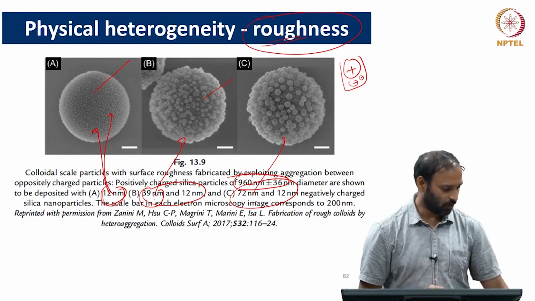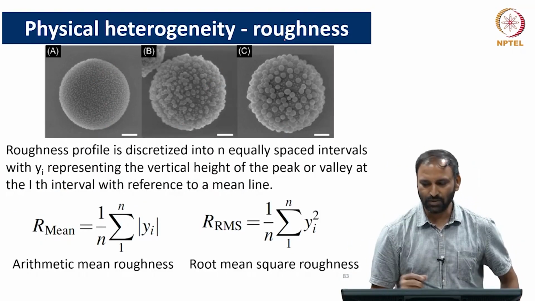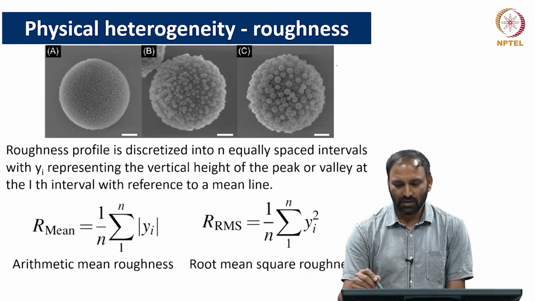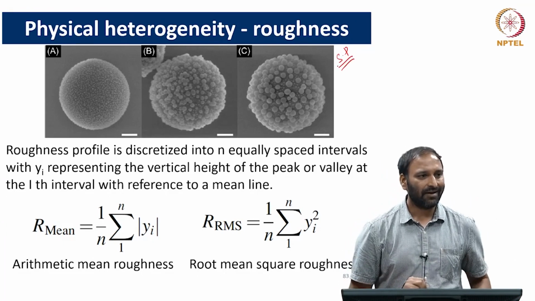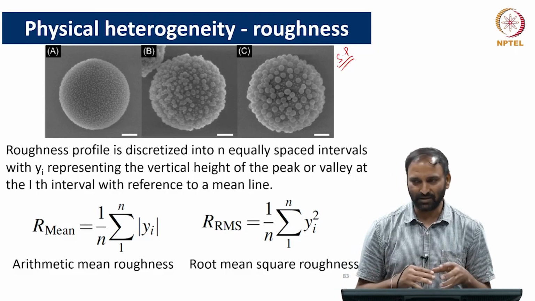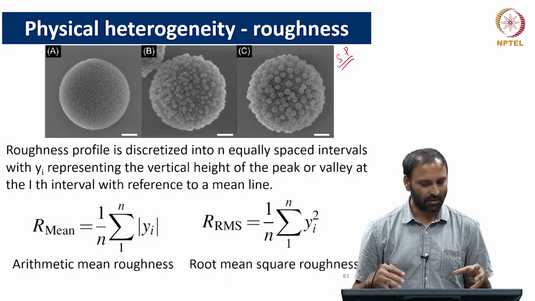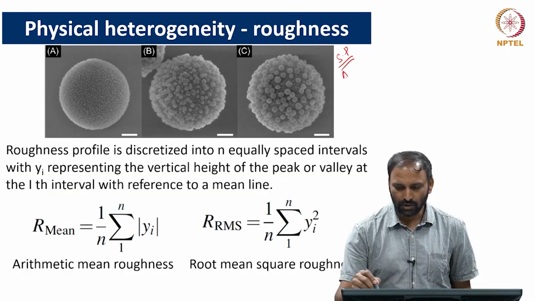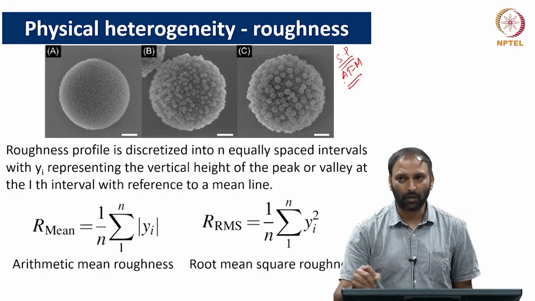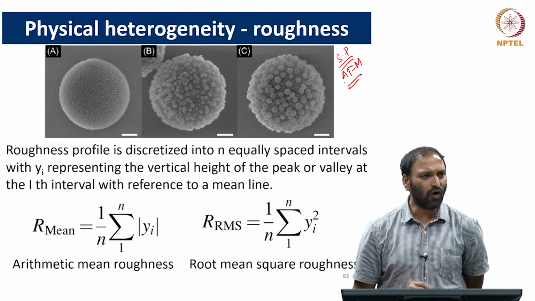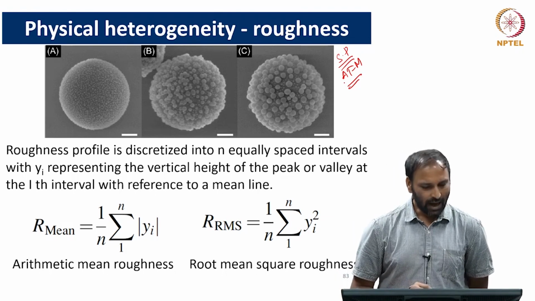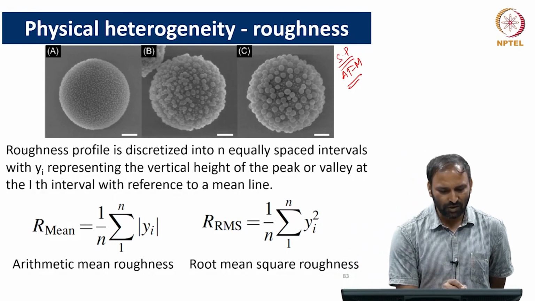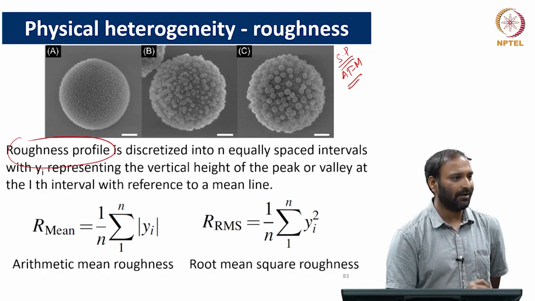Now once you have particles like this, I would have to characterize such particles also for roughness. So what people typically do is use techniques such as surface profilometry, which is an interference based technique for measuring the heterogeneity on the surface, or people can use AFM, atomic force microscopy, or any other technique, and then what you get is what is called a roughness profile.